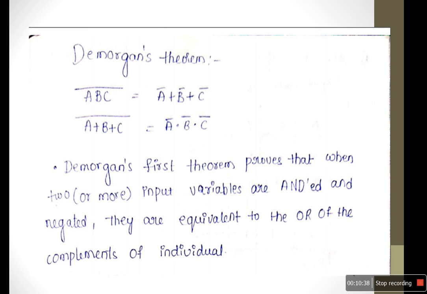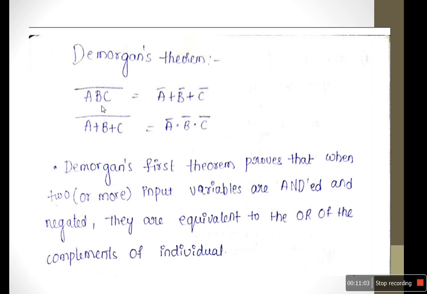And now De Morgan's laws. We have two theorems. The first theorem proves that when two or more input variables are ANDed and negated, they are equivalent to the OR of the complements of the individual variables.